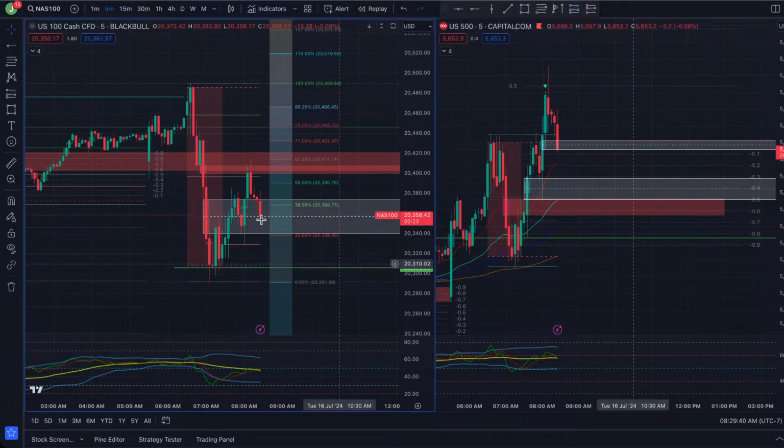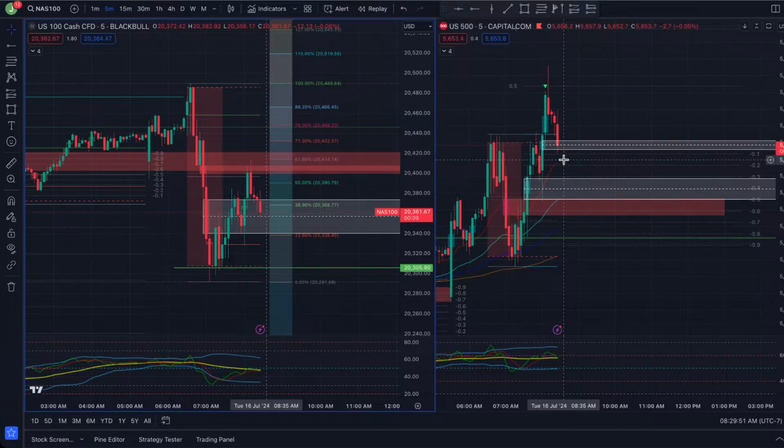Hit the top of the consequent encroachment of that fair value gap again with NAS. And we're right in that fair value gap. Getting rejection. Let's see if it pushes through or if it's going to turn around here.